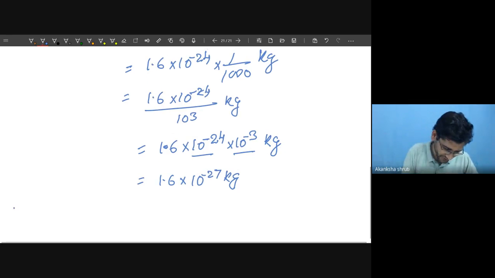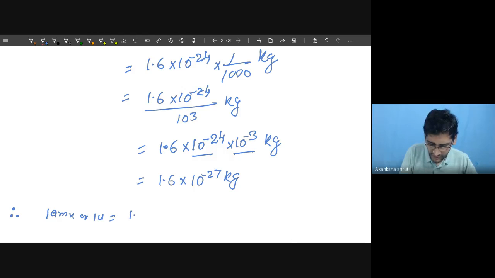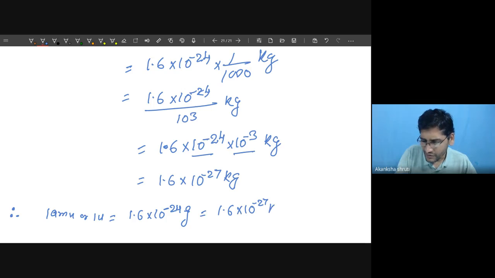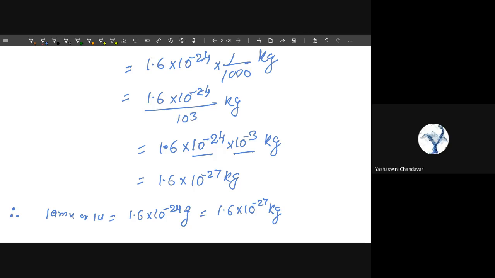So the point to be kept in mind: 1 AMU or 1 u is equal to 1.6 into 10 to the power minus 24. If you are taking minus 24, you need to put the unit gram, or if you are taking 1.6 into 10 to the power minus 27, the unit will be kg.